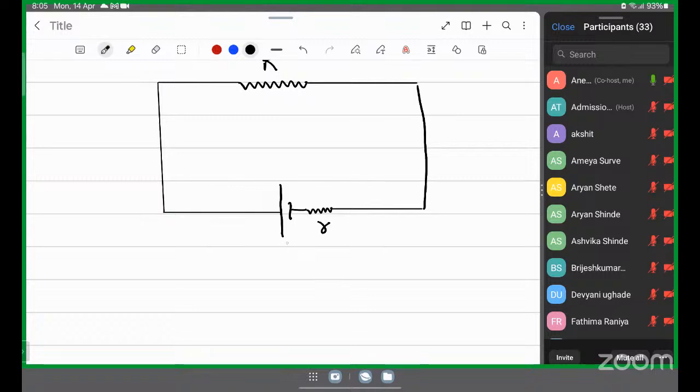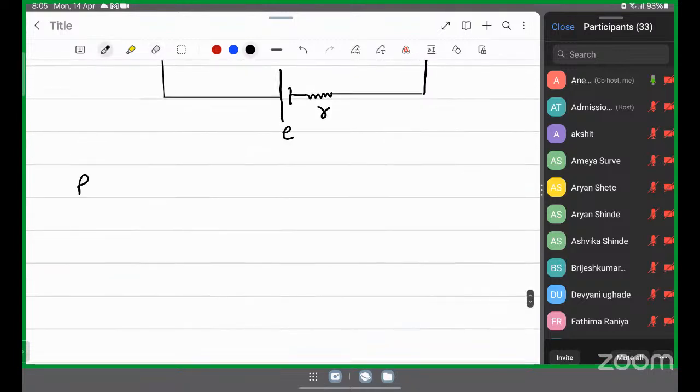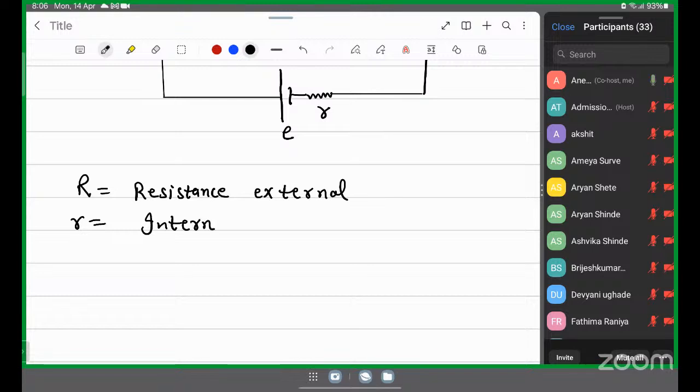EMF is given by small e. So in this circuit, capital R is the external resistance, while small r is the internal resistance.